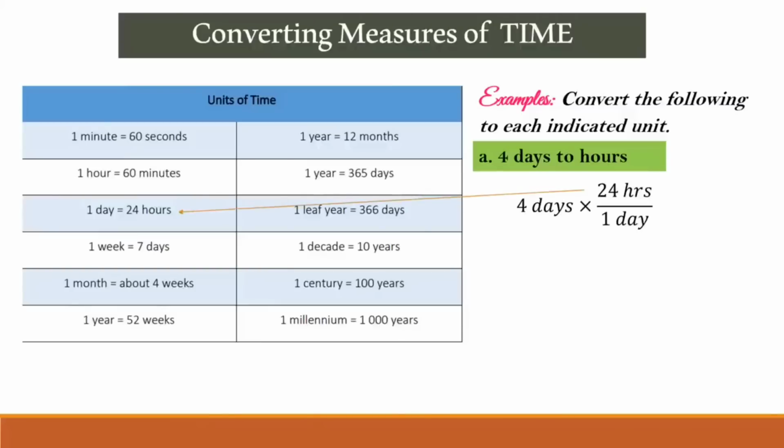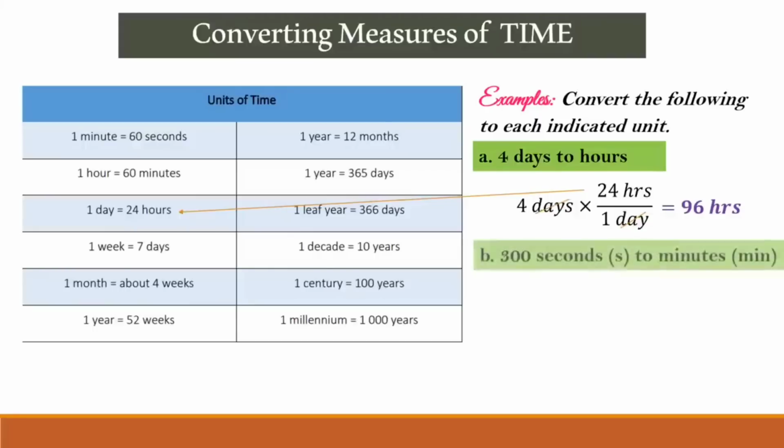With that, we can cancel days to day, and then we multiply 4 times 24 divided by 1. The result is 96. So we can say that 4 days is equal to 96 hours. For example B, we are going to convert 300 seconds to minute.